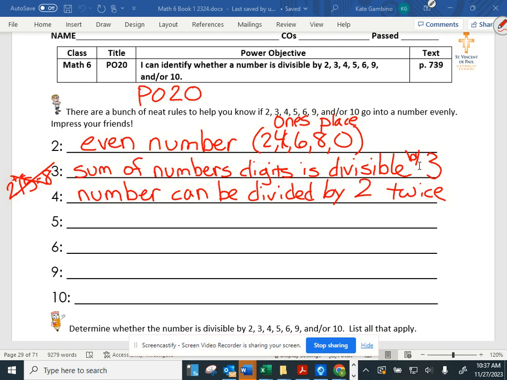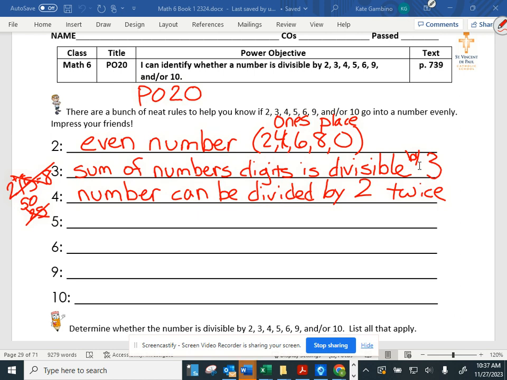Is it even or odd? So in order to be divisible by 4, you have to divide it by 2 two times. So if it's not an even number, you know right away it's not going to be divisible by 4 because we can't divide it by 2. But if we have a number like 50, half of 50 is 25. 25 is odd, so we know it's not divisible by 4. It's just divisible by 2.